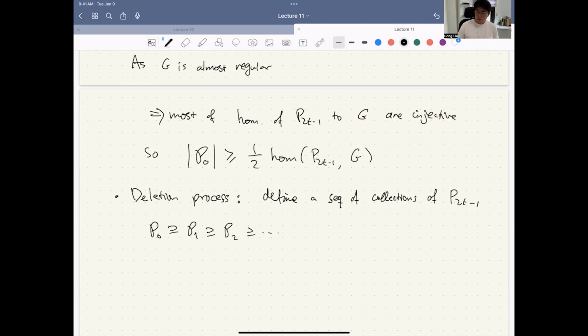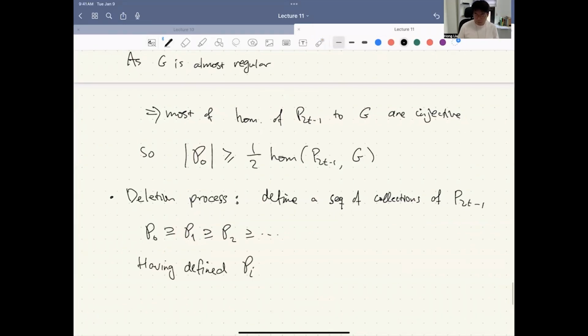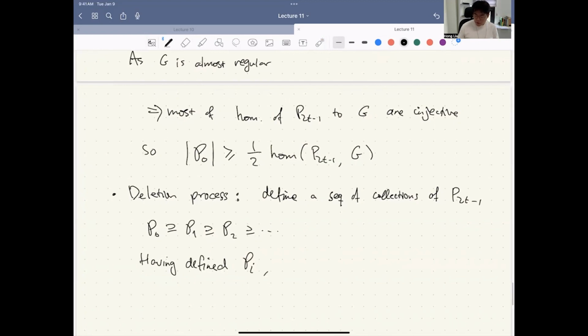Okay, so I just need to tell you how you obtain one collection from the previous collection. Having defined, let's say, P_i, we now define the P_{i+1} collection.